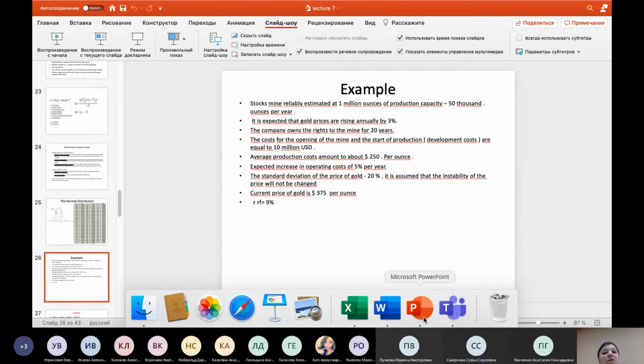The first question: what are the main difficulties of this task? And the second question: where is our real option in this task? You can write in chat.